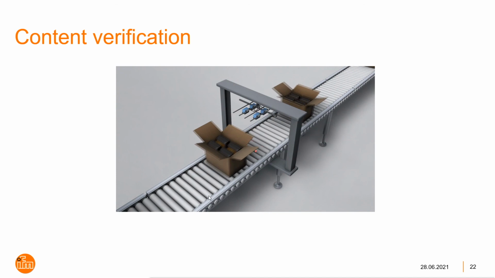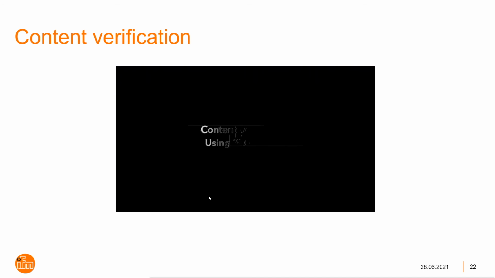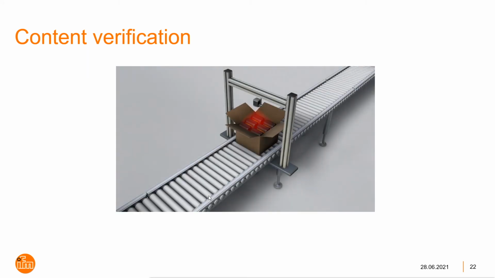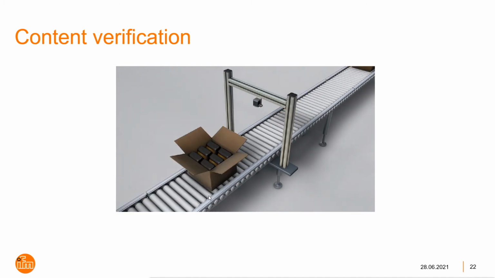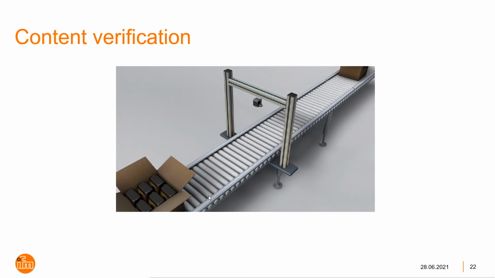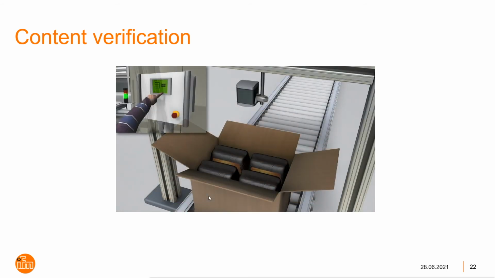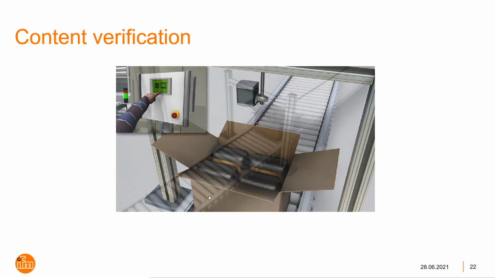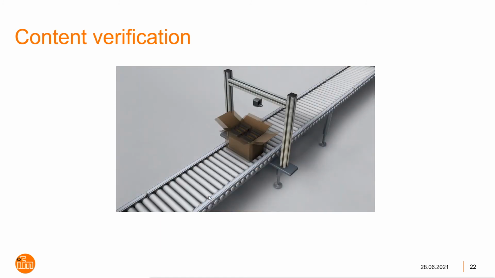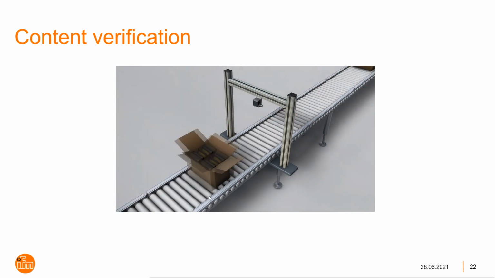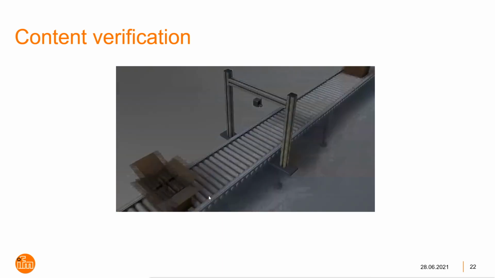So what we really could do with this is, if we're going to have this kind of production line where we are changing what's going down it, then if we use a time of flight sensor with a bit of intelligence on board, we can load a number of applications into it, and then if we change the product that's coming down, we just load the right application, and we don't have to change bracketry, we don't have to change the setup, and it just will work very simply. So it makes life a lot easier, certainly bottling lines where pack sizes might change.